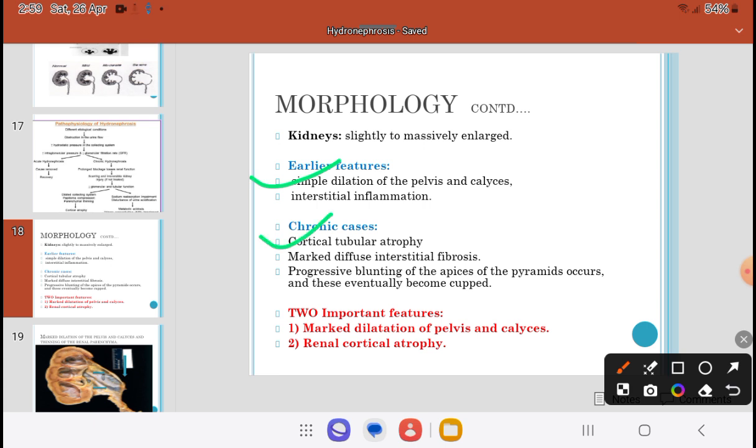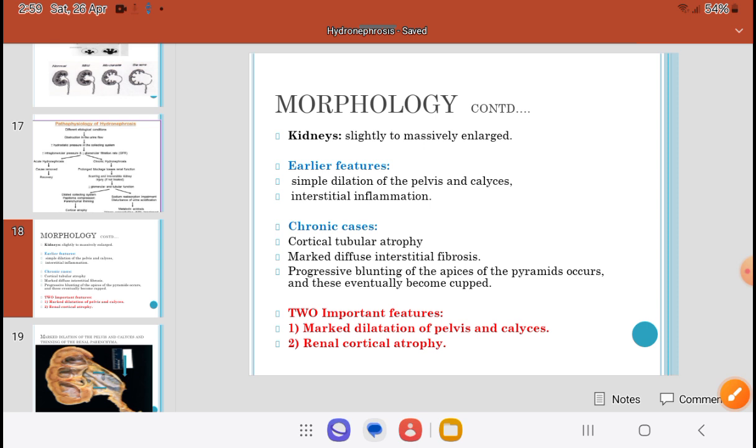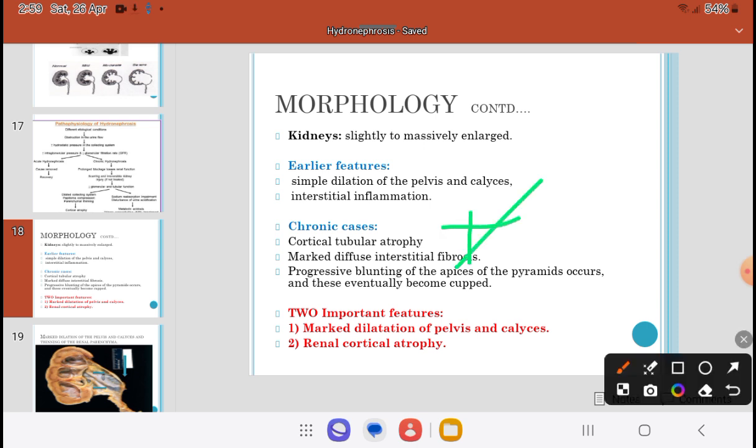In early features, there is mild dilation of the pelvis and calyx, and there is interstitial inflammation. But in chronic cases, cortical tubular atrophy can occur, and marked diffuse interstitial fibrosis can be seen.